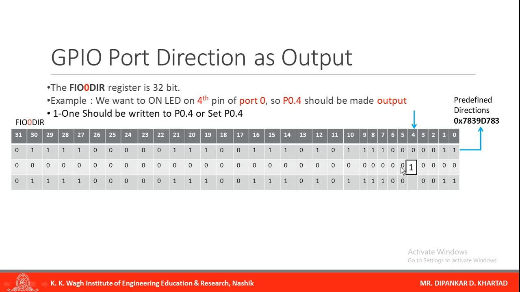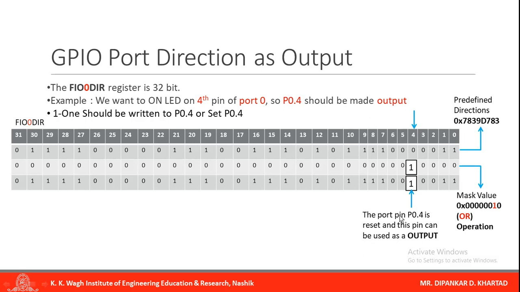1 should be written to P0.4, or set P0.4. So what will we write here? We will write the mask value. What is the mask value? 000000010. Now after masking this, what will happen? The port pin 0.4 is set and then this pin can be used as an output.